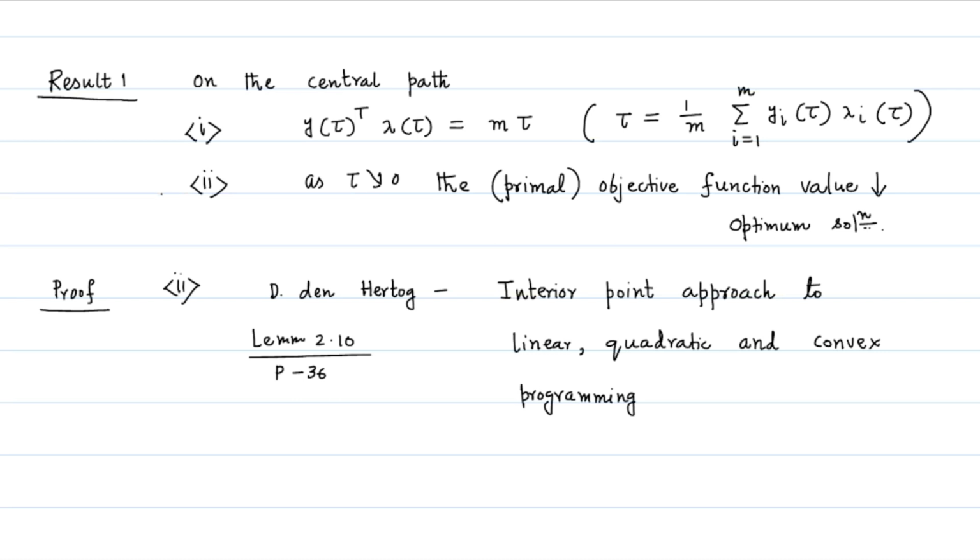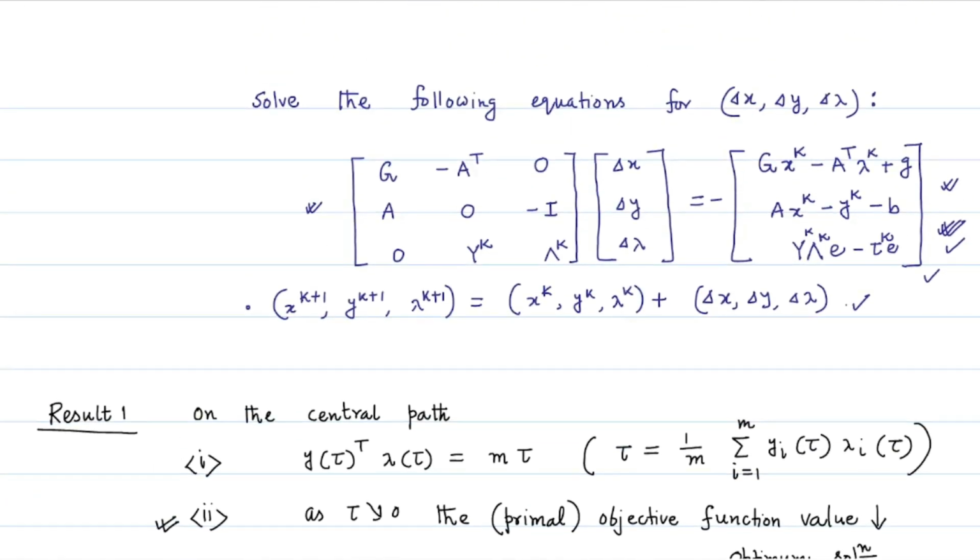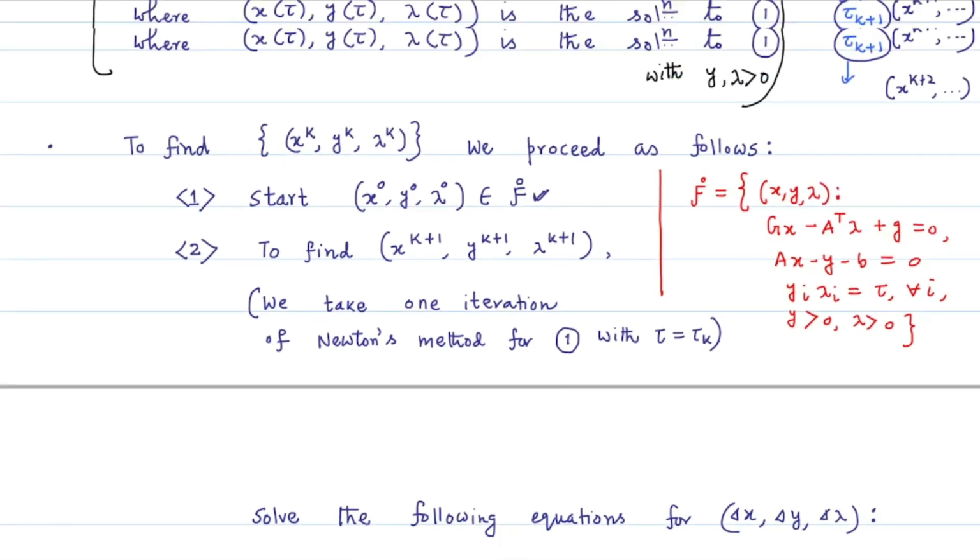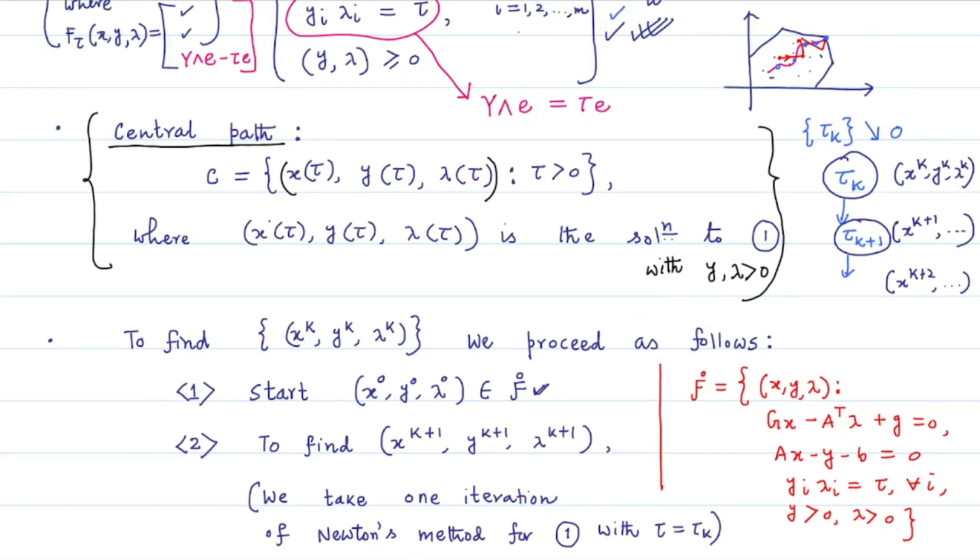In the interior point method, we actually don't directly apply this result, but we have seen already that we are not actually going to find the points on the central path x tau, y tau, lambda tau, and then take the limit tau tends to 0.